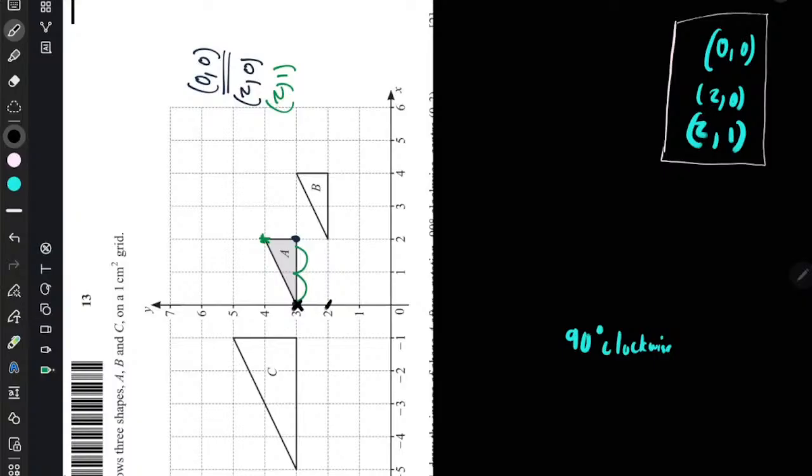So you move 1, 2, so it's going to be here. 2 in the x, when it's upside down like this. Then the other one is 2 in the x and 1 in the y, which means you say 1, 2 in the x, then 1 in the y. You put it here. So this is the triangle after rotating.